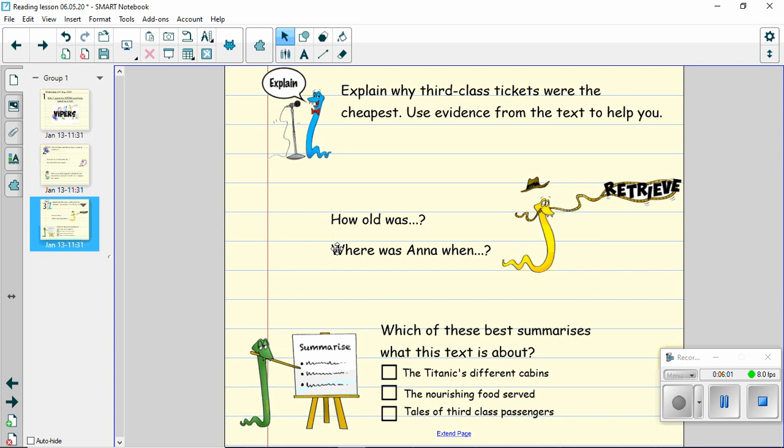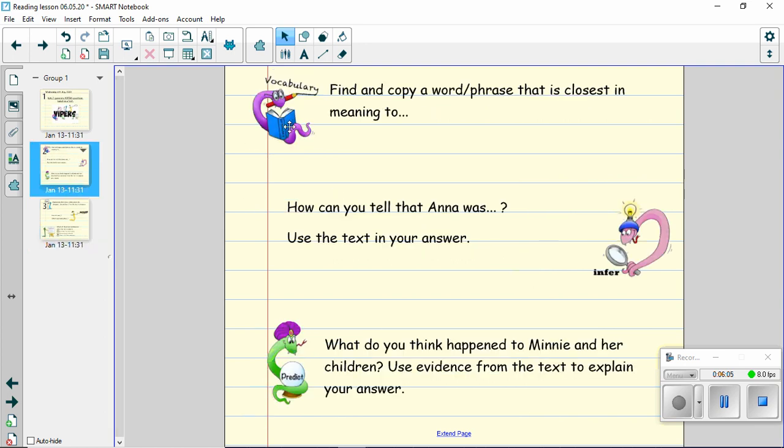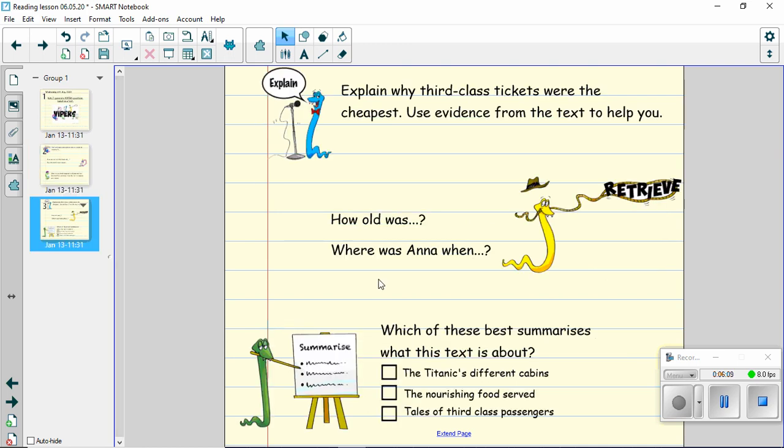So let's really push ourselves today, year 6, and try and do a vocab question, an inference question, a predict, an explain, a retrieve, and a summarise. Try and do 1 or 2 for each. Don't just do 4 retrieval or 4 find and copy because that's not pushing yourself as much as you can.